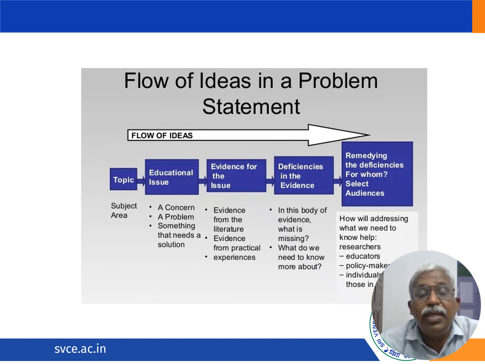Evidence from the literature, evidence from practical experience: these are the evidence of the issue. Before starting problem identification, we need to understand these things. Then deficiency in the evidence, which we call technical feasibility: is it probably solvable?